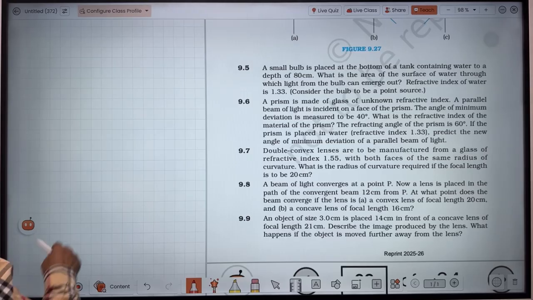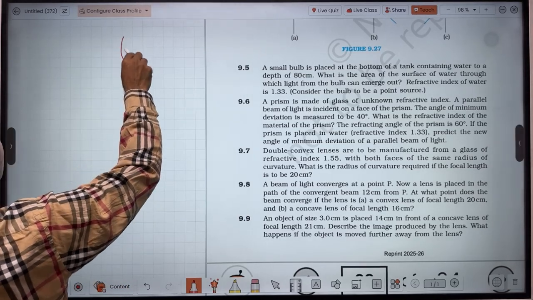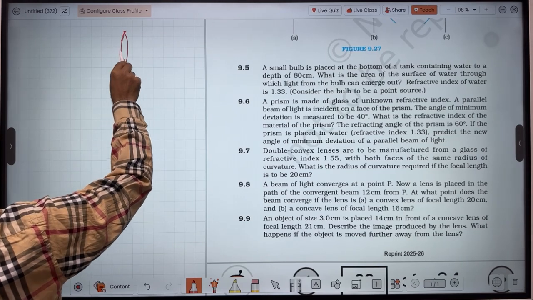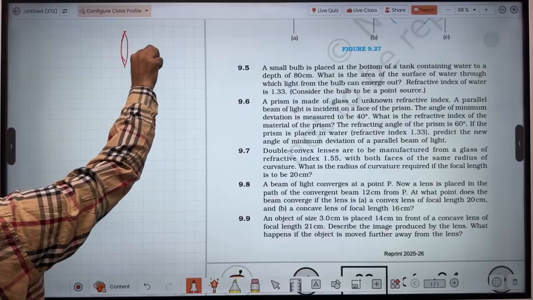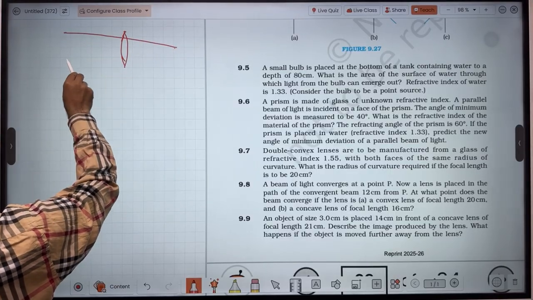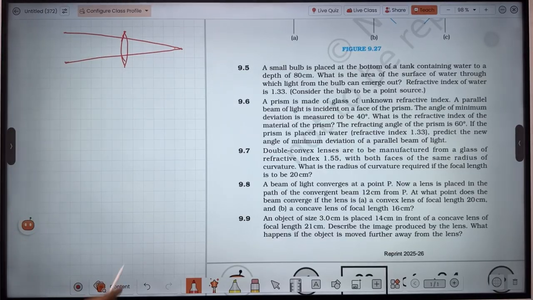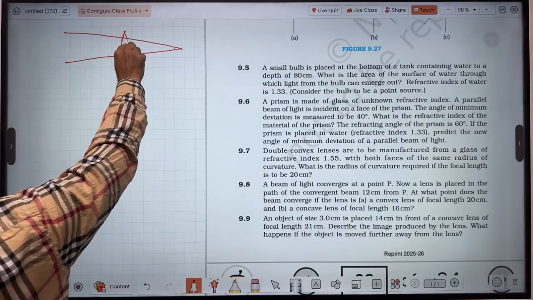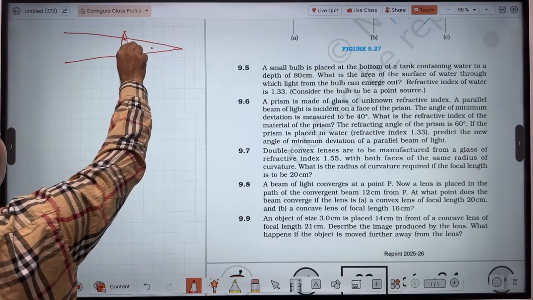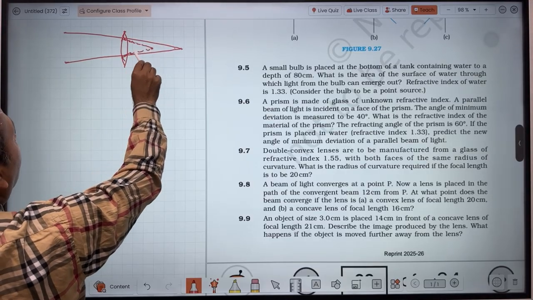So the situation is simple. What is happening here? Let's put a lens, but we will first consider the situation when there is no lens. So we assume that these rays are converging at this point when there was no lens, but because of the presence of the lens, suppose the point of convergence becomes this, right?